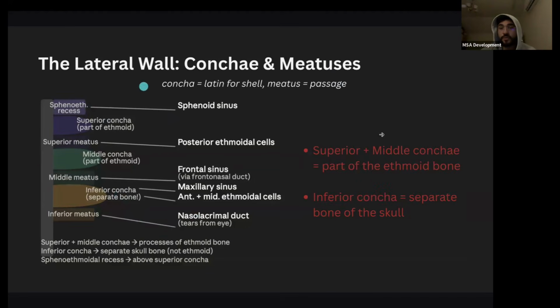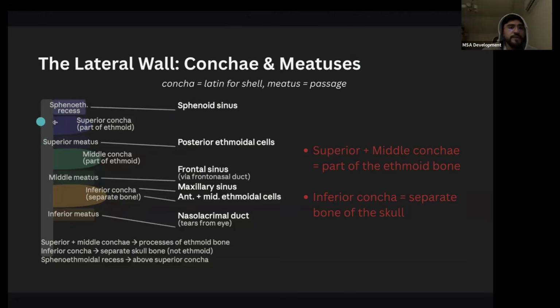Now, we have the lateral wall, all right, which is made up of the conchae and the meatuses. Now, when we say conchae, basically it's Latin for shell, and meatus is like a passage. Now, it's very important that we know the openings and what drains where.